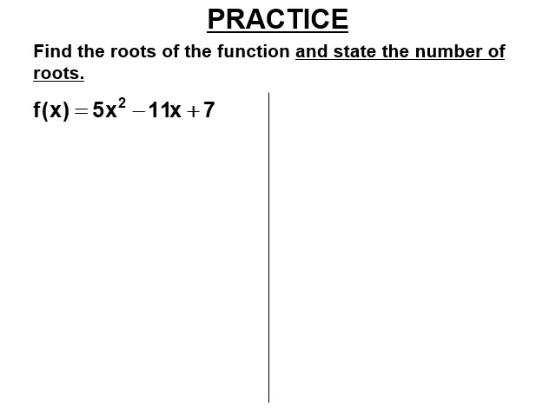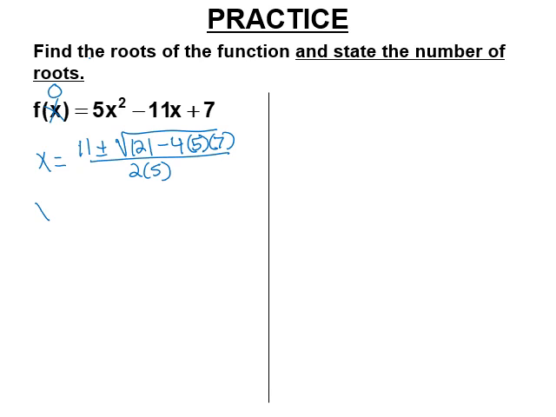So let's practice. So here you're just stating the number of roots. When it says find the roots and state the number, you have to do both. So we're making that equal to 0, and then we're saying x equals negative b, 11, plus or minus the square root of b squared, 121, minus 4 times a, 5, times c, 7, all over 2 times 5. x equals 11 plus or minus square root of 121. 20 times 7 is 140.